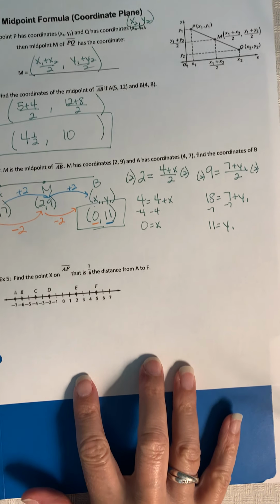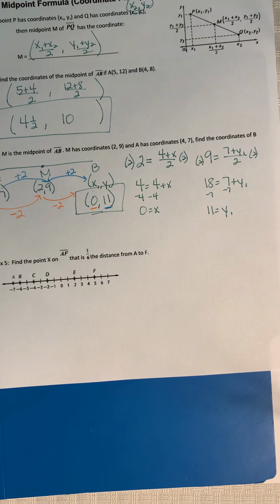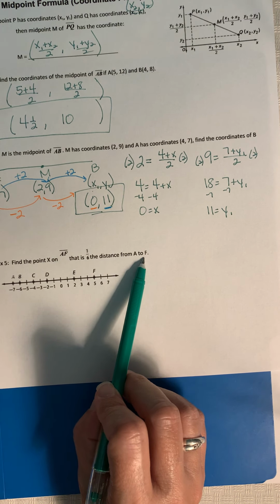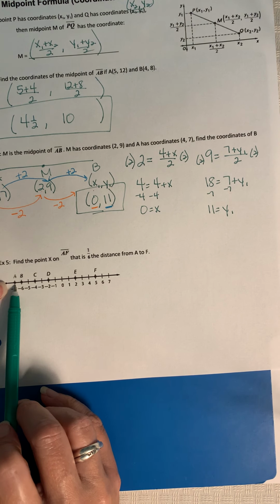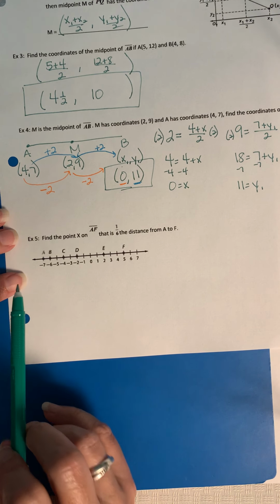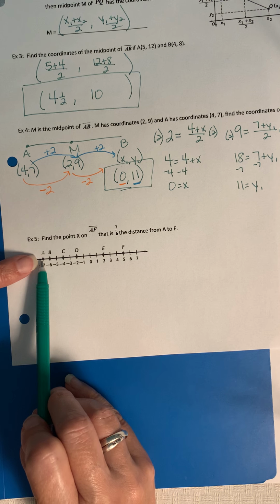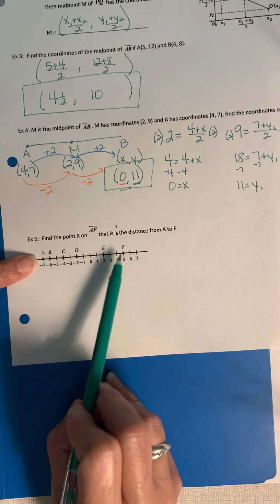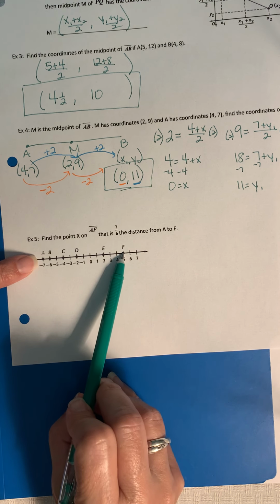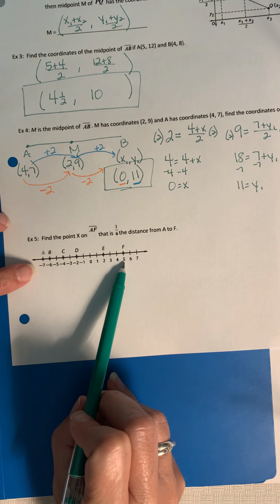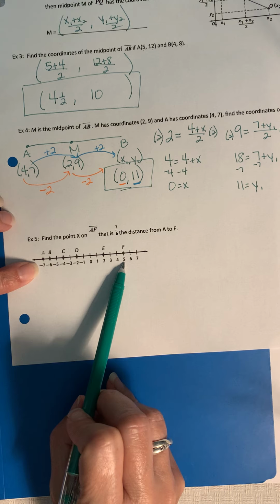So then we go to example 5. Find the point X on line segment AF that is 1/6 of the difference from A to F. So the first thing I need to do, let me make sure I'm on the screen. First thing we need to do is to see how long it is from A to F. We need to find the distance from A to F. We talked the other day to find the difference. The distance, it's the absolute value of the difference.